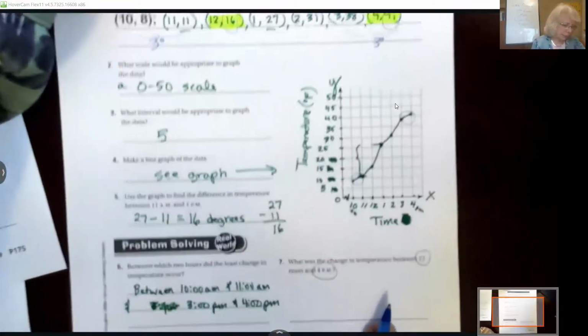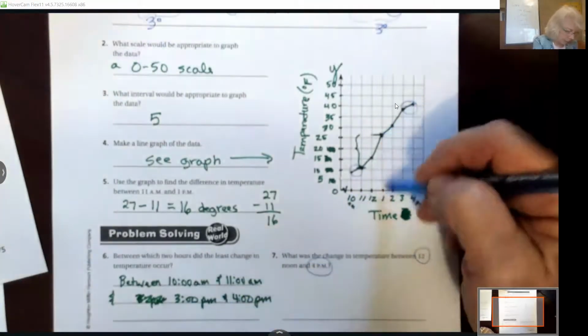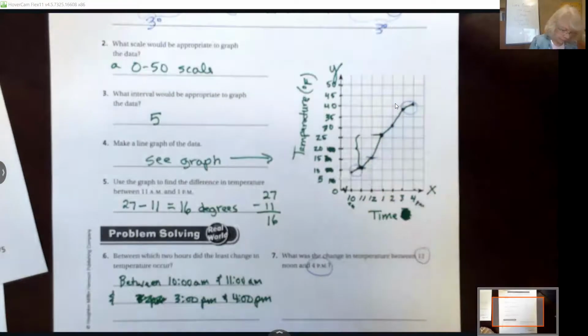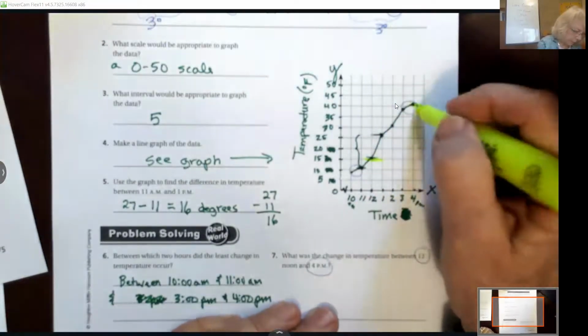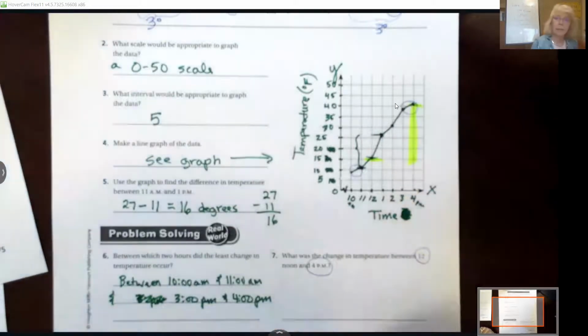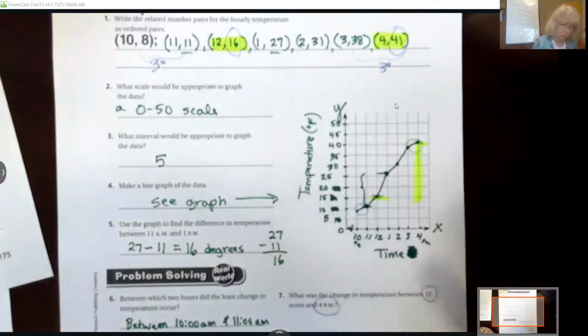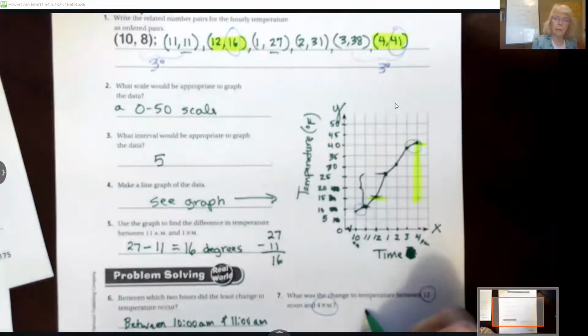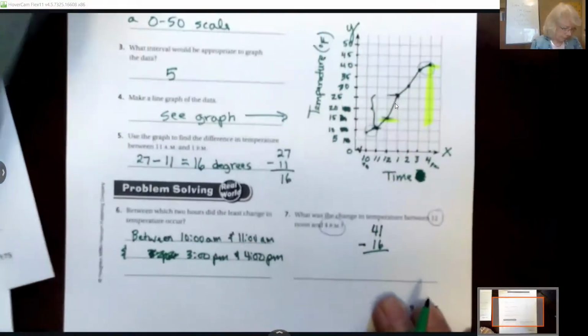So we're trying to find the difference between these 2. This time our 12 o'clock data is here, and our 4 p.m. data is here, so we're looking for that height. But we're just going to subtract our numbers to get there. So we're going to look at 41 minus 16 and solve for that.